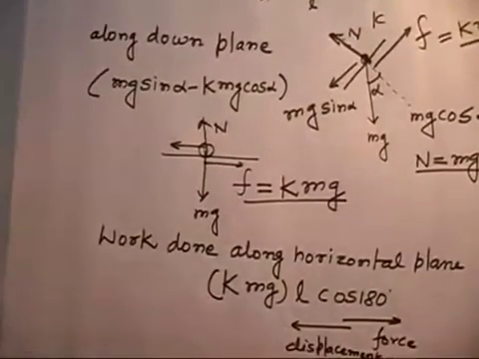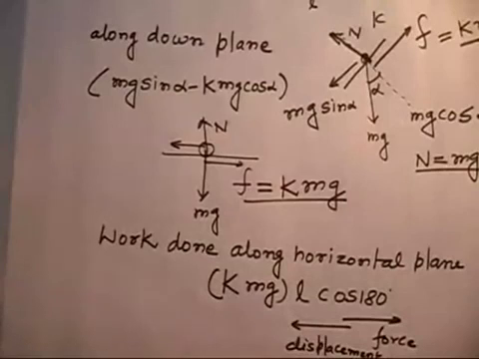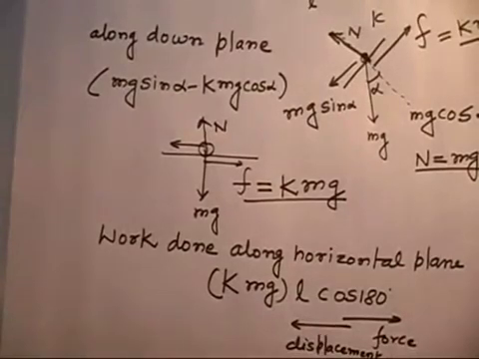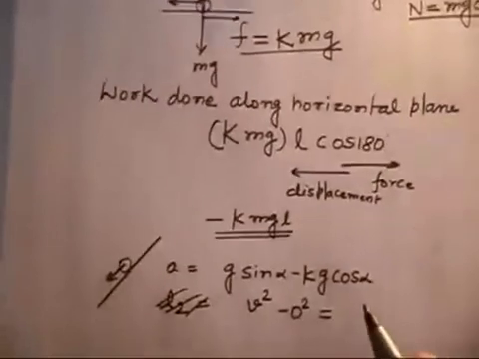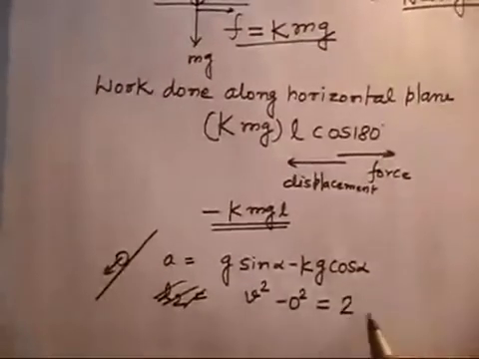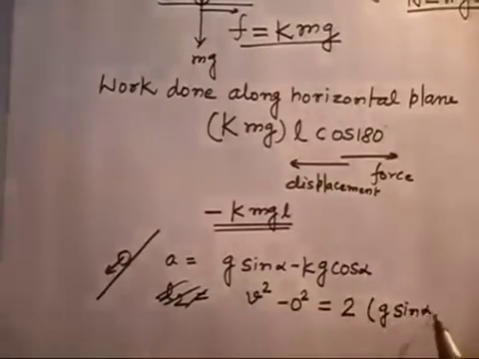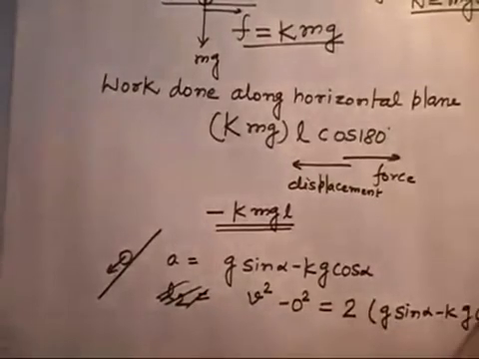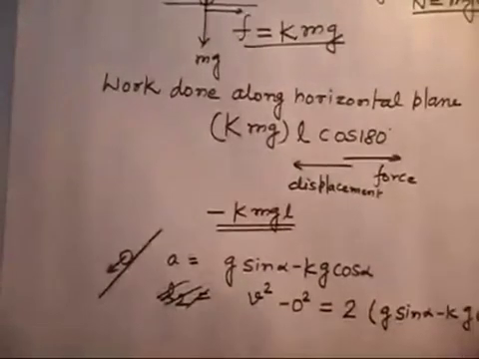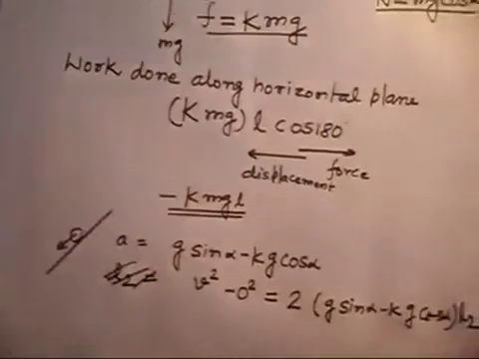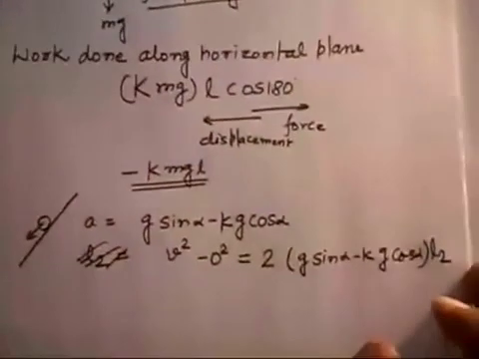If I apply the formula, v square minus u square is equal to 2as. Acceleration is g sin alpha minus kg cos alpha, and s is the distance traveled, that is L2, as we have assumed. Now this is the velocity.